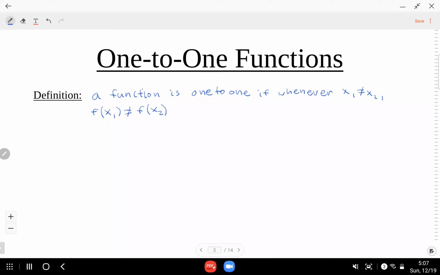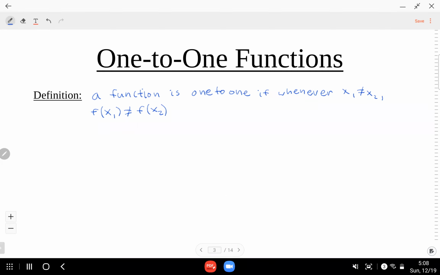Now I know that sometimes you can have things like this, right? Where one y corresponds with two x's. And if you want a one-to-one function, then it cannot do this.